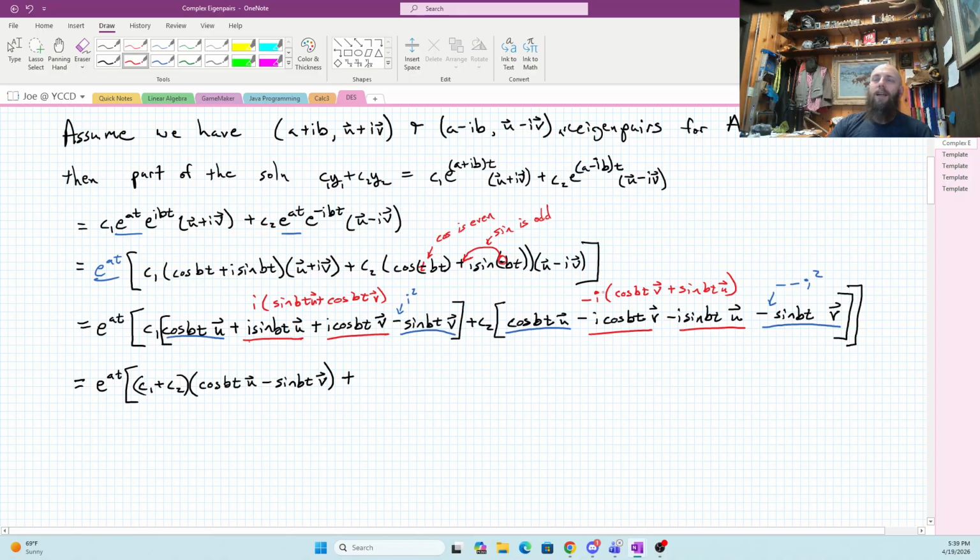So I've got an i that I can factor out. If I think about what's actually written there in the red, I got a C1 i minus C2 i. So I can rephrase that as C1 minus C2 all times i times sine bt u plus cosine bt v.